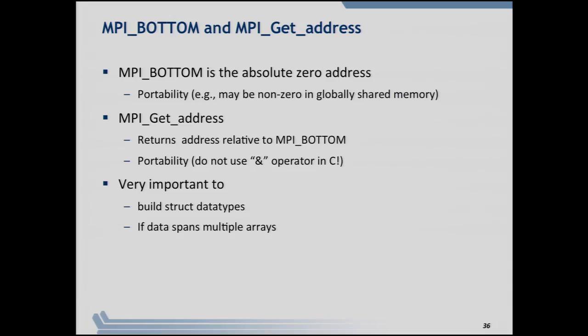Think of it as address 0, for example. So that's just detail. If you need to use it, it's available. Then there's a function called MPI_Get_address to know the address of a variable portably in different languages, which you might need in some data type constructors and so forth.